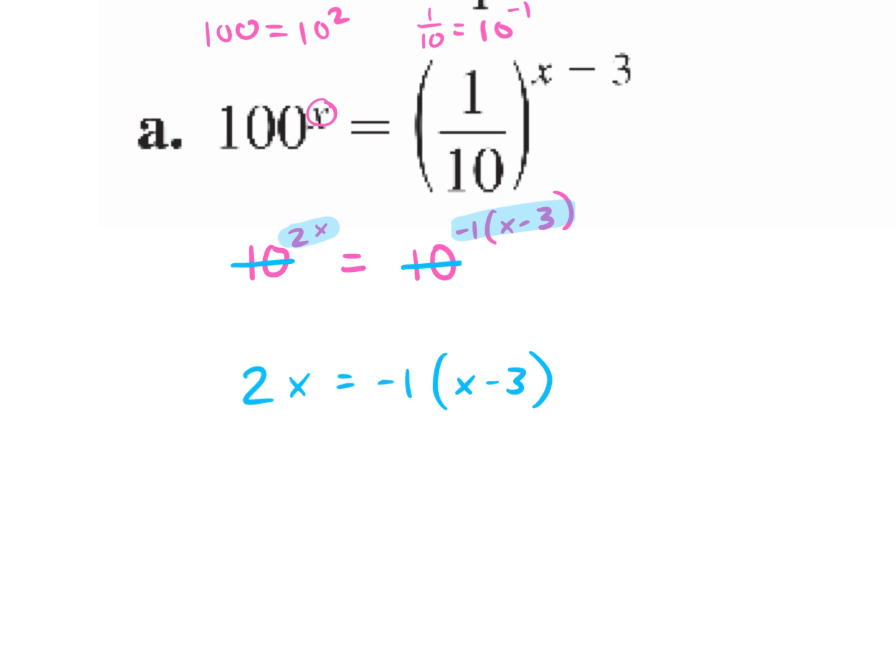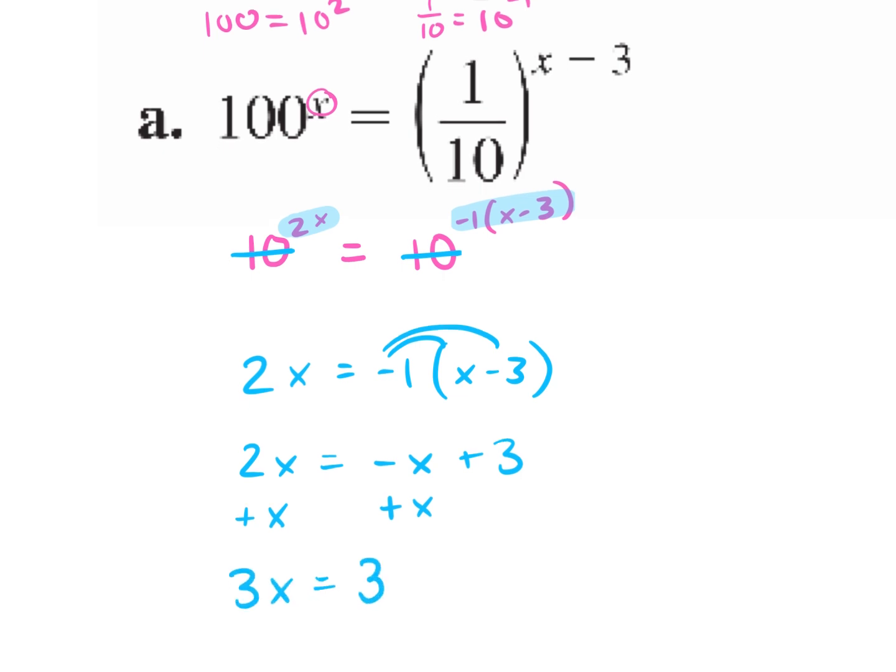What should I do first? Distribute the -1. Awesome. So 2x is equal to -x plus 3, because -1 times -3 would be positive 3. What could I do next? I can add the x, move it to the other side. So 3x is equal to 3. Then what would I do?